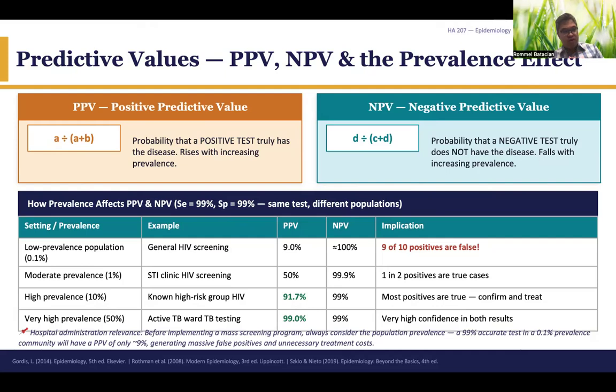The question now is, if the patient tests positive, what is the probability that they have the disease? And vice versa, if you have a negative test, what is the probability that you really don't have the disease? So this is where the positive predictive value and negative predictive value come in.